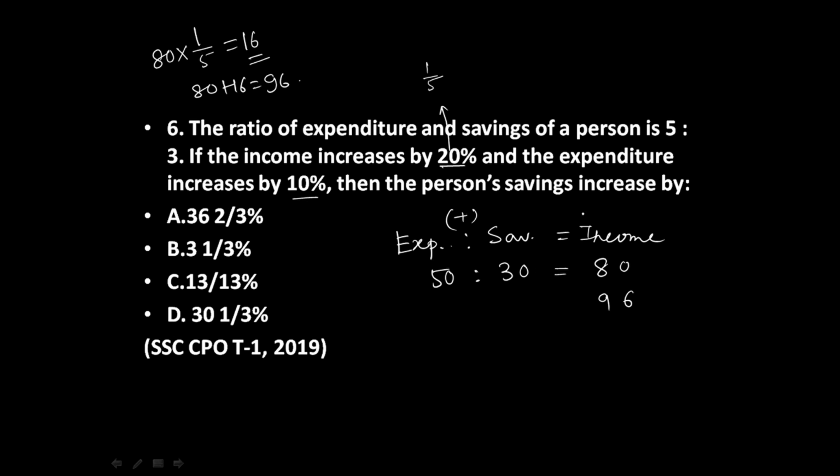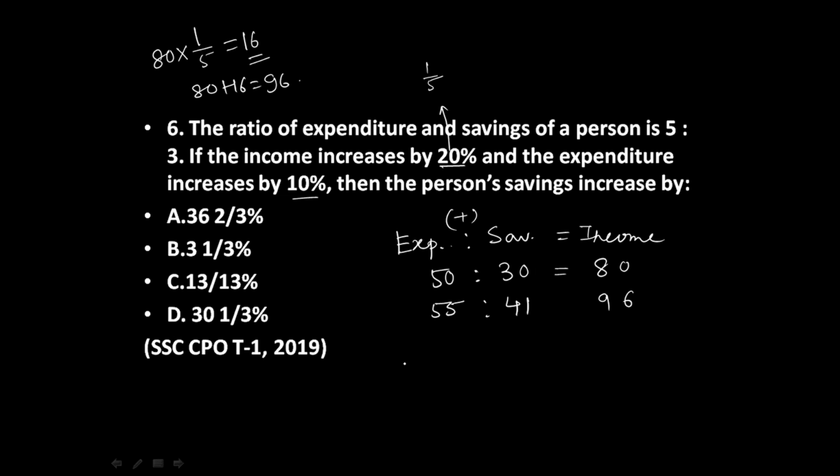And expenditure increases 10%. 10% of 50 is 5, so it will be 55. The rest is the savings. What's the savings now? Savings is 41, right? So the question is, in percent, savings increased by how much percentage?